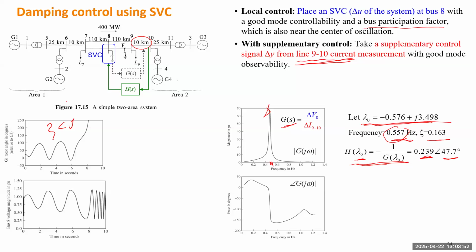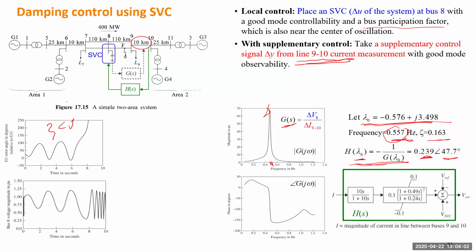But our target is not to change everything about G(s). We only just want to design the lambda near that inter-area oscillation. So this will be the control design. It's very similar to the PSS, power system stabilizer. Just introduce some phase lead, phase lag compensation, and to give us that function.